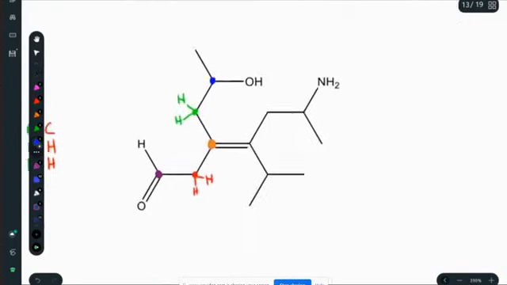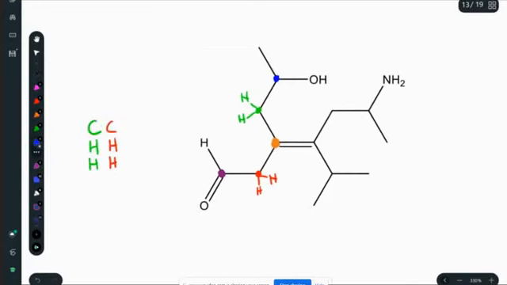So bonds to 2 oxygens. So my purple one is bonded to O, O, and H. My blue one is bonded to O. It's also bonded to C, and it's also bonded to H.